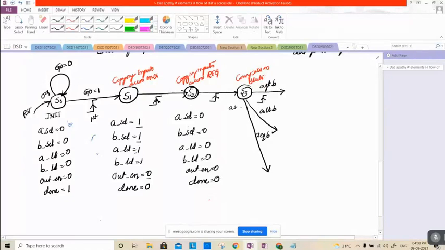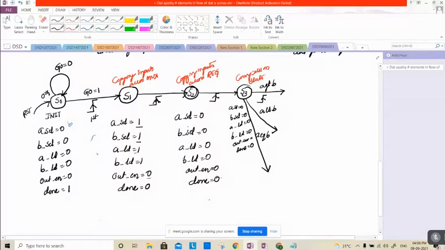A selection is equal to 0, B selection is equal to 0, A load is equal to 0, B load is also 0, out enable is equal to 0, and done is also 0.